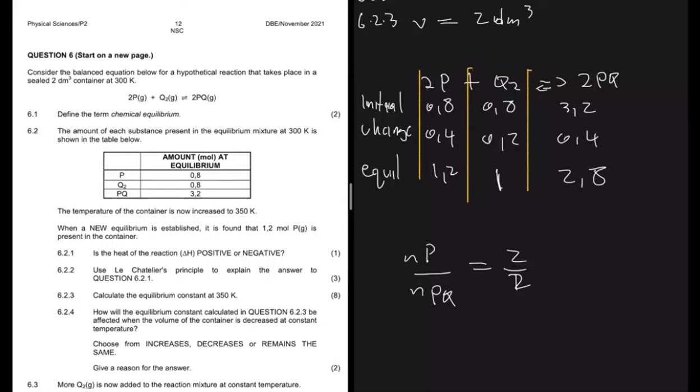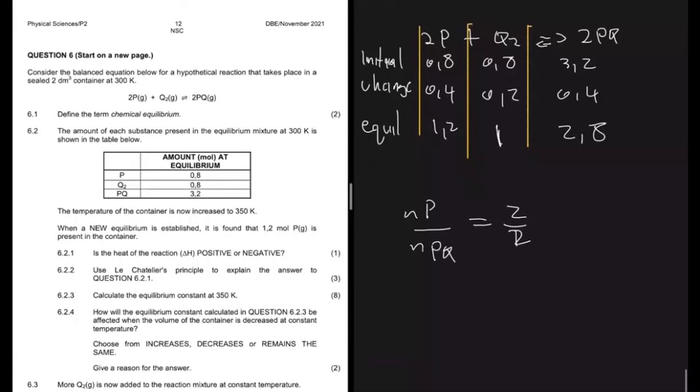But for the products, because the reverse reaction is the one being favored, meaning that the products are getting depleted and forming the reactants, we're going to have a minus instead. So that's why we're not saying plus 0.4, but we're saying minus 0.4, which is thus giving us 2.8.